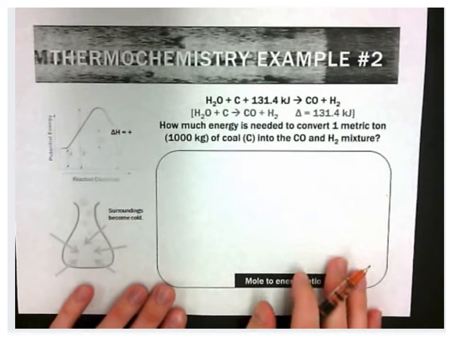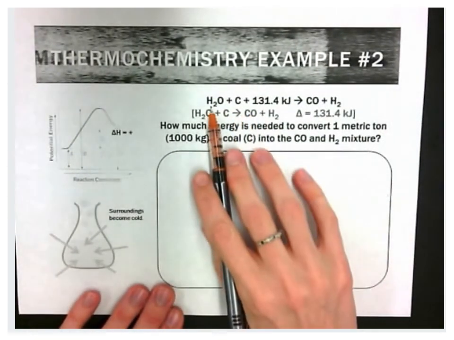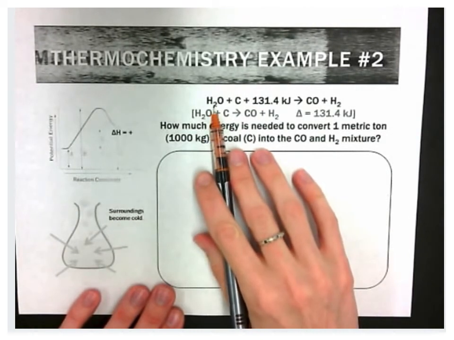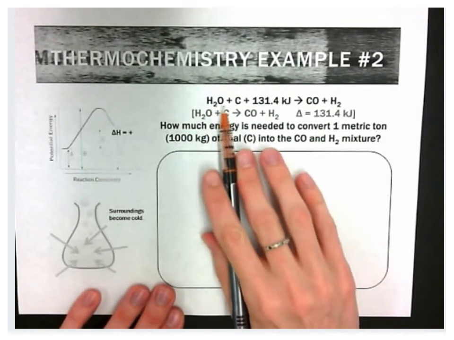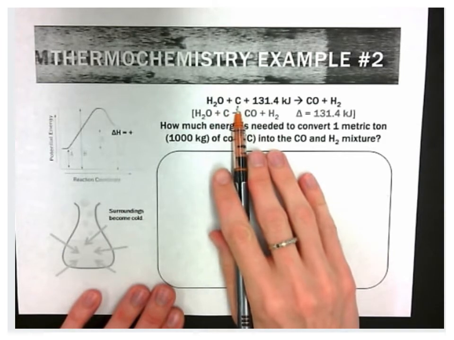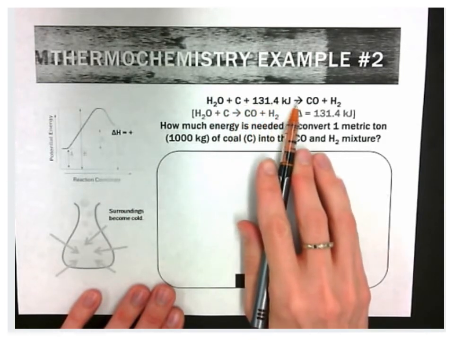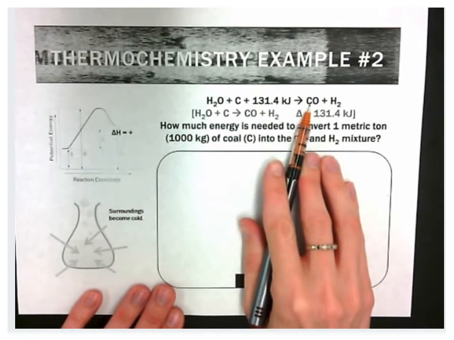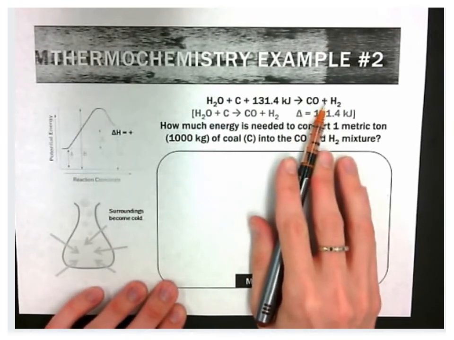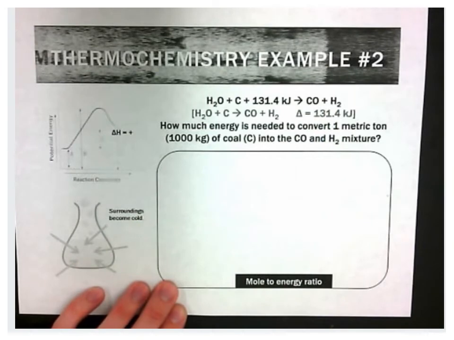Okay. Now, in this case, the equation given to me is H2O, water, plus carbon, plus 131.4 kilojoules yields 1 mole of carbon monoxide and 1 mole of hydrogen gas.